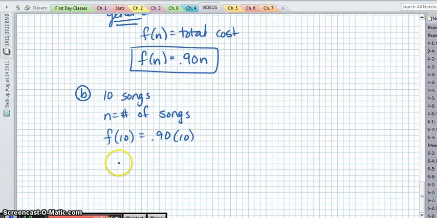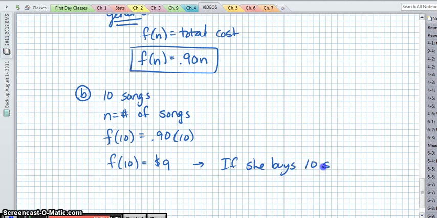We can move the decimal over once, and we can say that if she buys 10 songs, she will in fact pay $9. And you can write that out. If she buys 10 songs, she will pay $9.